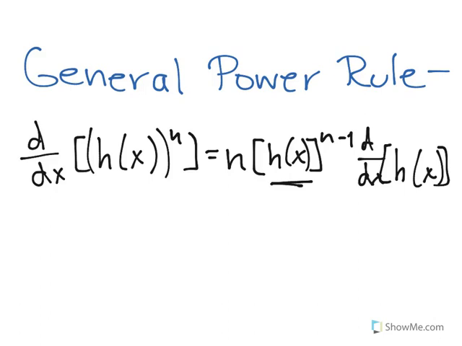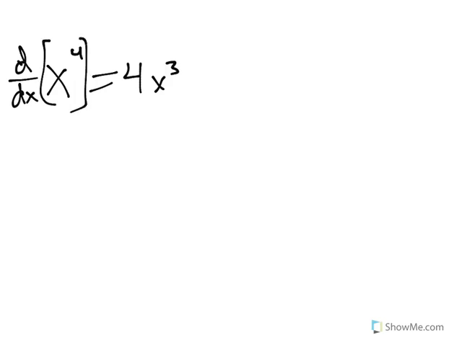Let's say that we want to get the derivative of x to the fourth, but instead of just getting 4x cubed like we would with the power rule, now let's define h of x to be x squared.